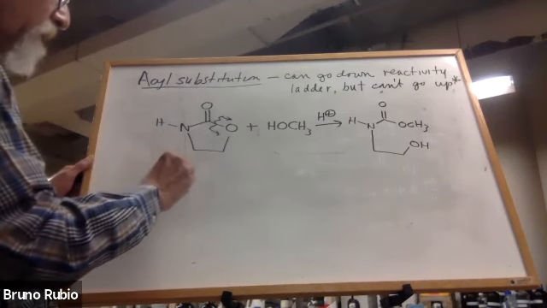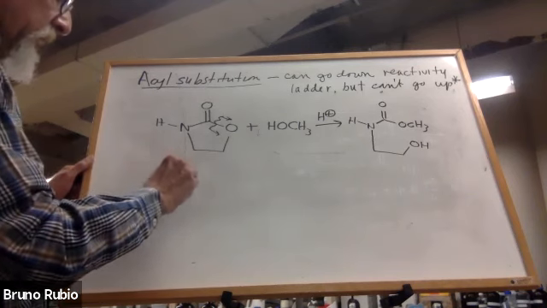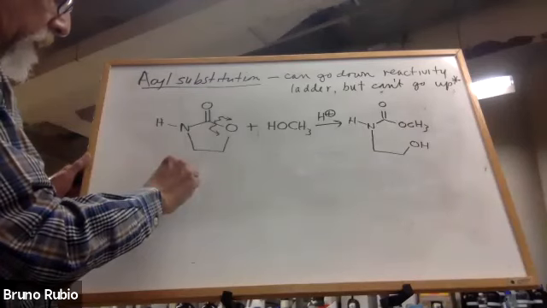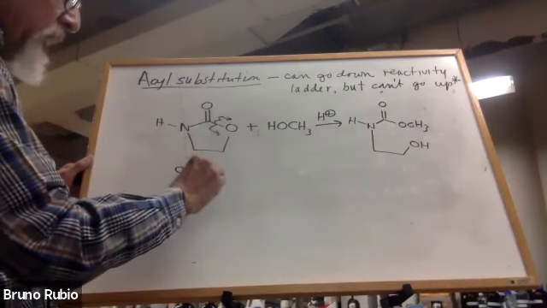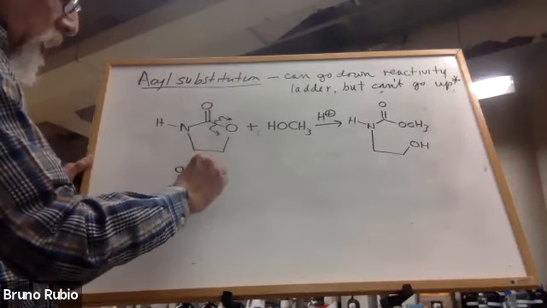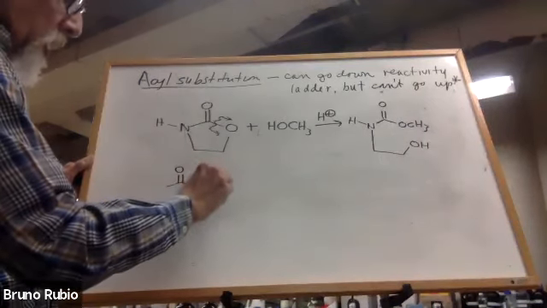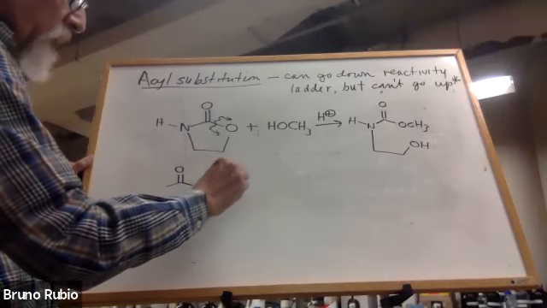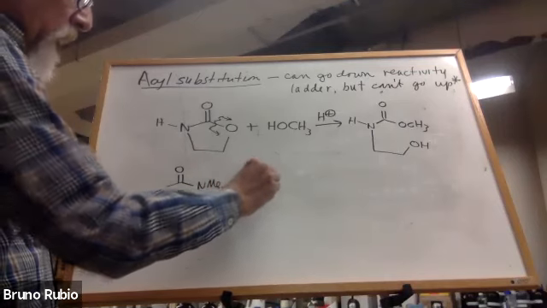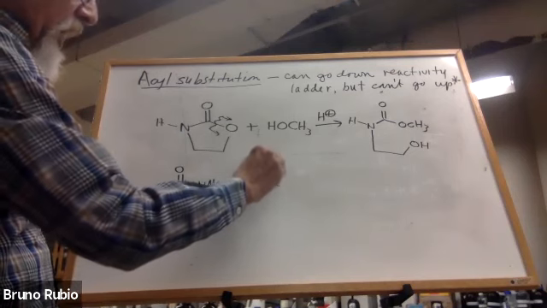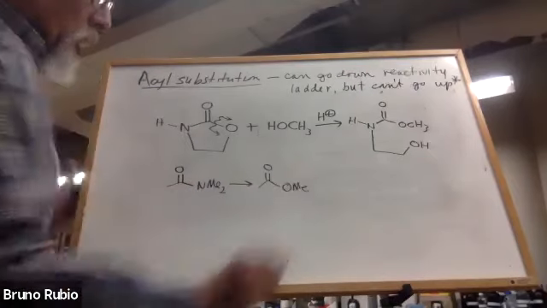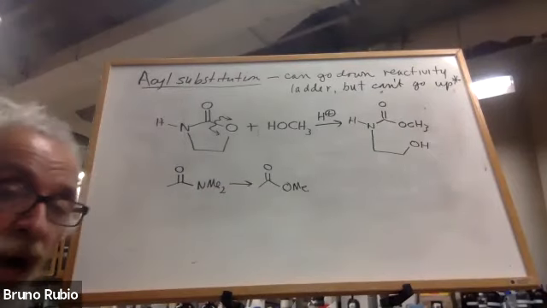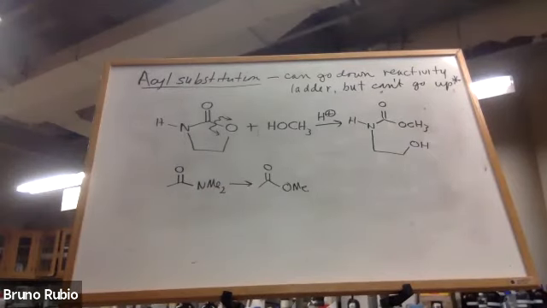I want to go from this amide to this ester. Now that's a synthesis problem. How would you do that? What would be the synthesis?